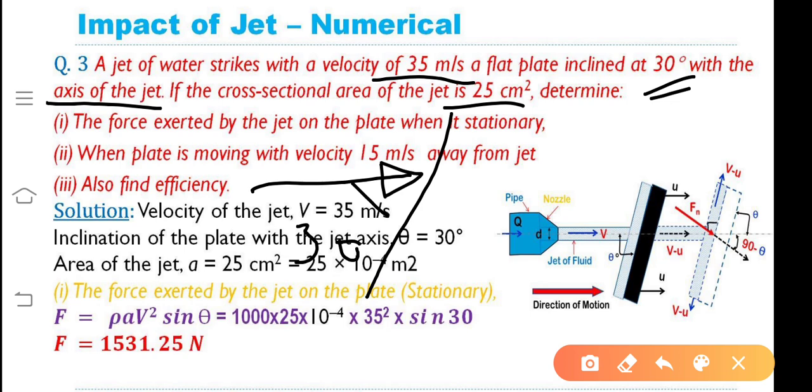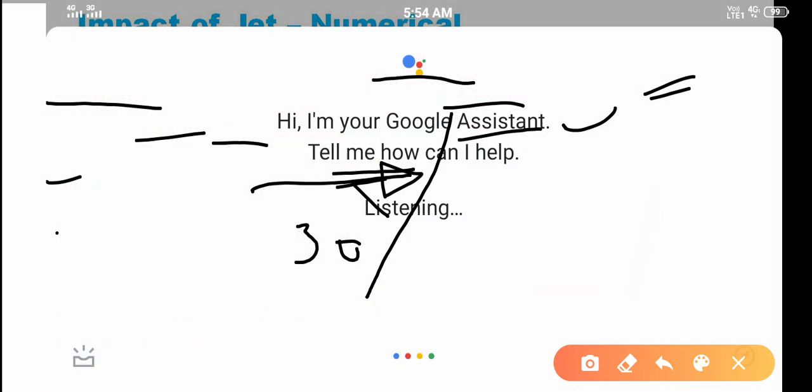The force exerted by the jet on the plate when it is stationary. 2. When the plate is moving with velocity 15 meters per second away from the jet, also find the efficiency. Okay, this is the problem.